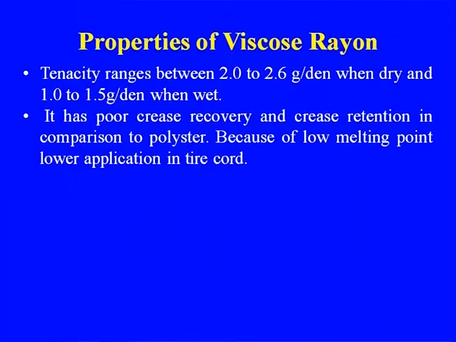Tenacity ranges between 2.0 to 2.6 gram per denier when dry and 1.0 to 1.5 gram per denier when wet. It has poor crease recovery, because this is one of the problems even in the case of cotton. As far as the crease is concerned, the ironing properties are better in polyester or nylon, but in viscose and cotton the crease problem is there when you are using it as textile.